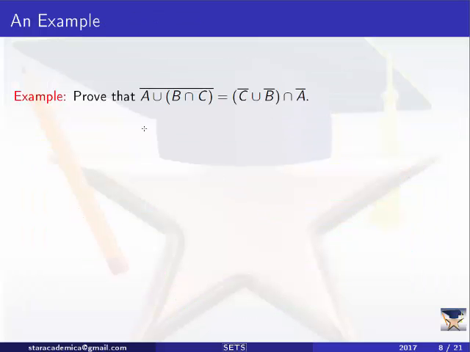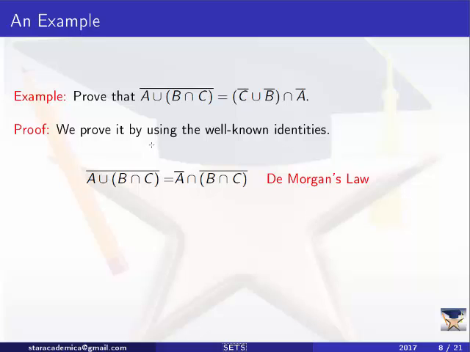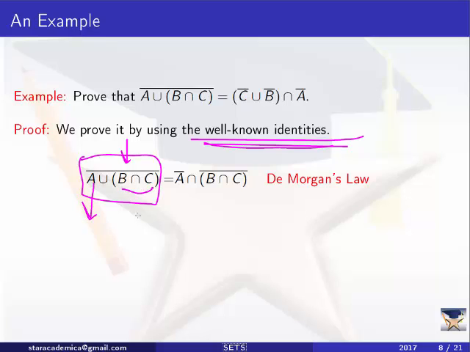Another example, another way of proving that the complement of A union B intersect C is just C complement union B complement intersect A complement. This time we are going to use the properties of the operations, the well-known identities that we have listed before. So we start with the left-hand side. Since this is a complement, if we use De Morgan's law, what happens?